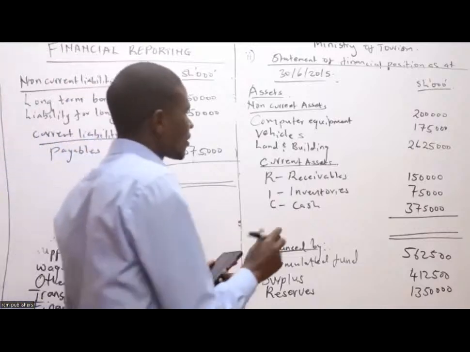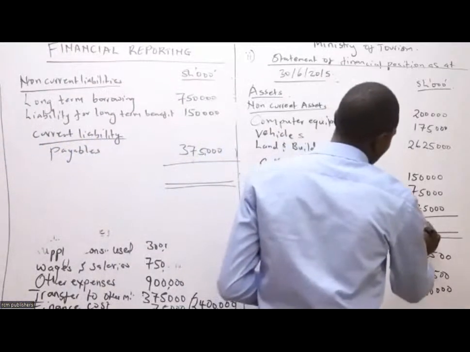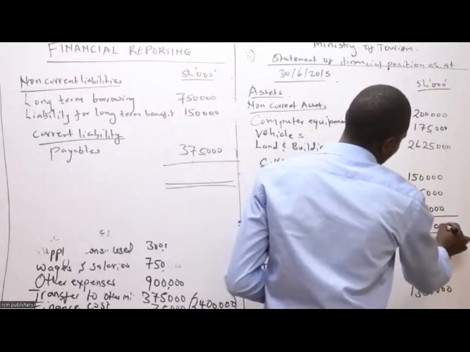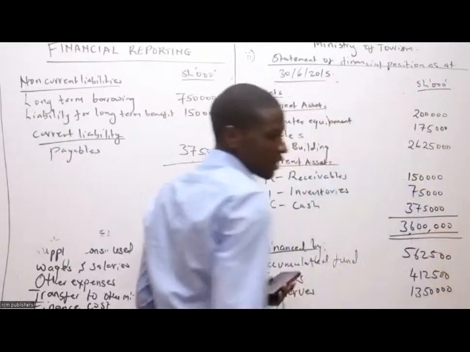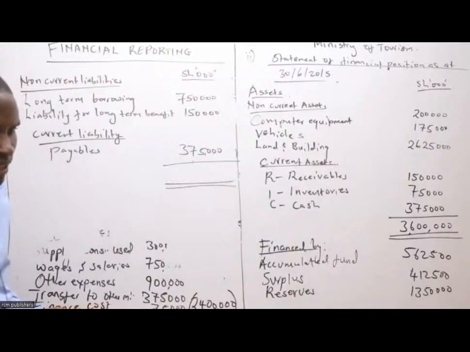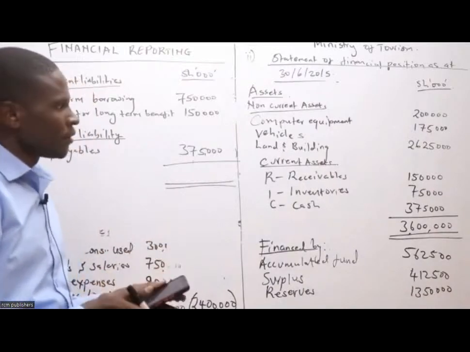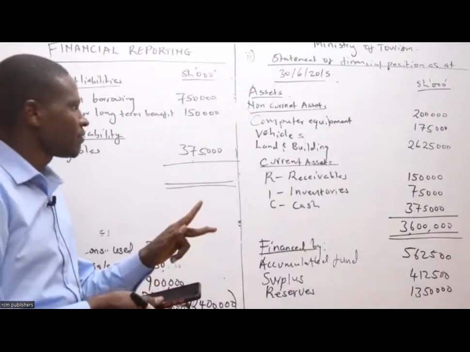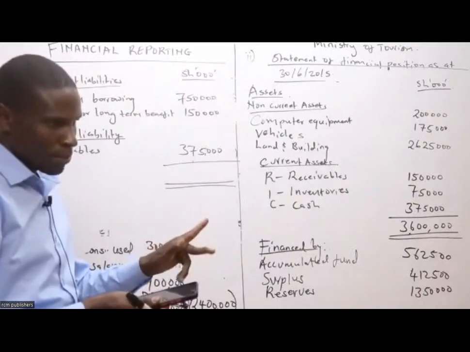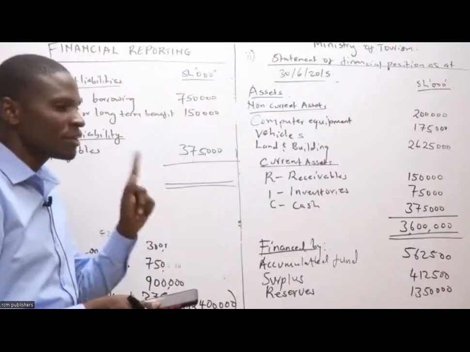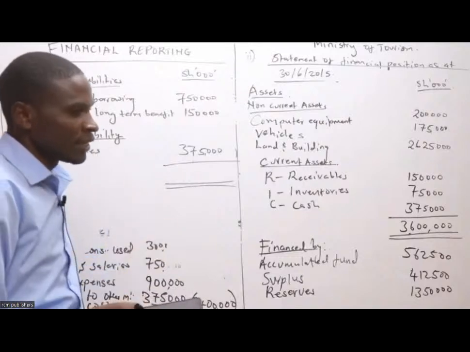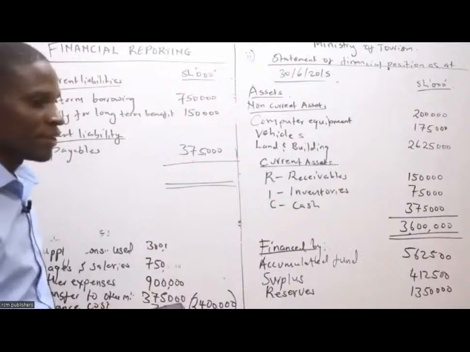They're telling us that this is 3,600,000. Your speeds compare, you are going bumper to bumper, and that is very good. Speed for financial reporting and financial management is the key.